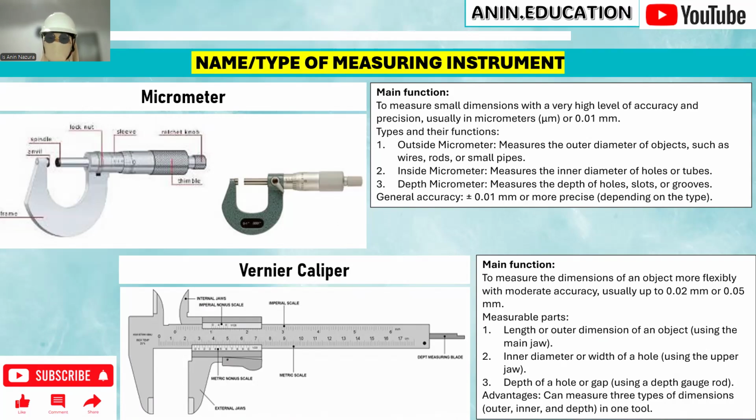Number two, inner diameter or width of a hole using the upper jaw. And three, depth of a hole or gap using a depth gauge rod. Advantage: can measure three types of dimensions, outer, inner, and depth, in one tool.